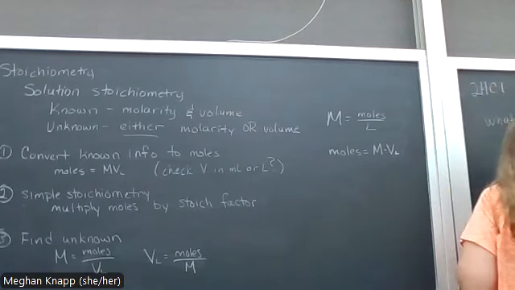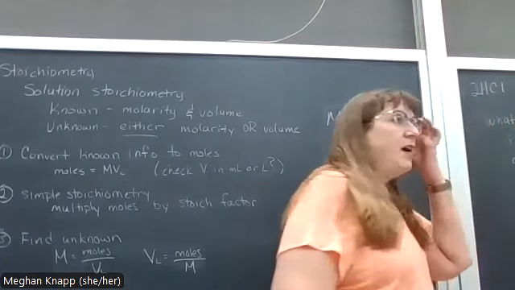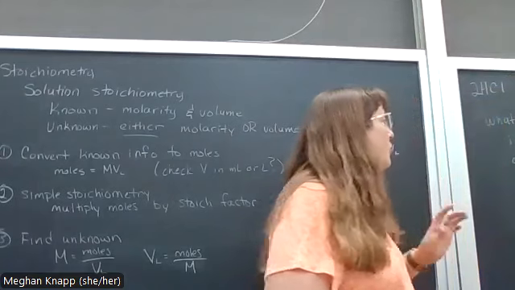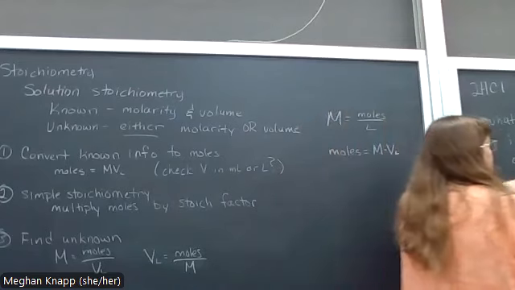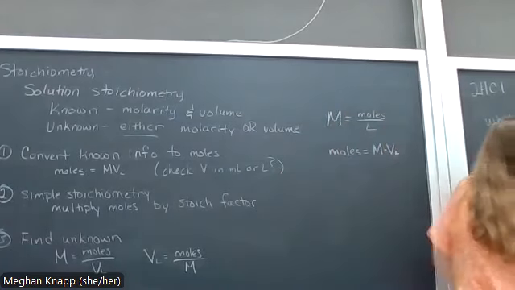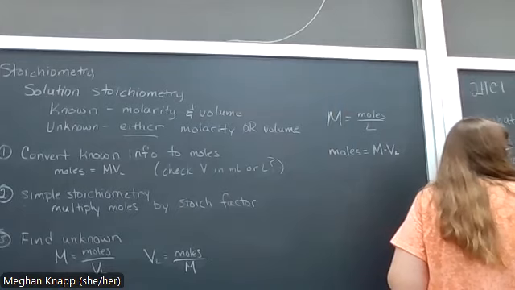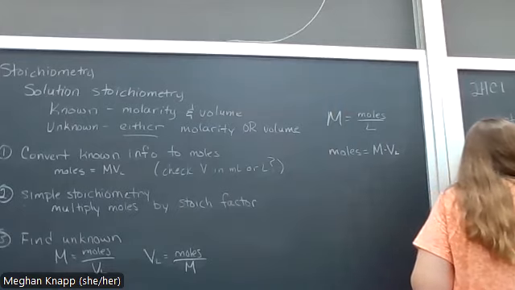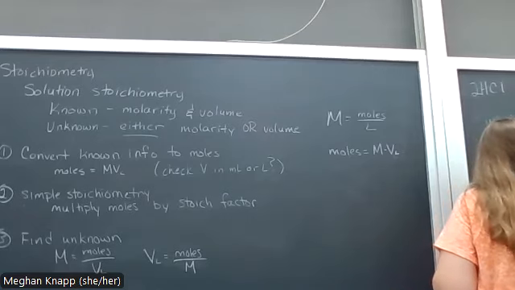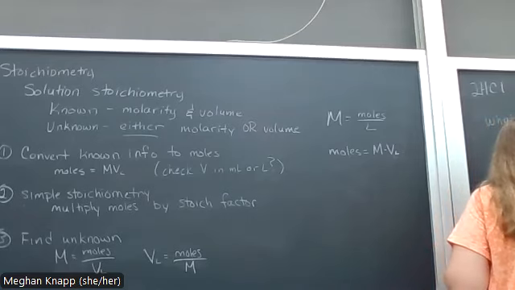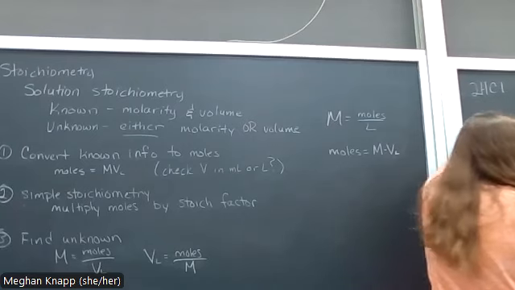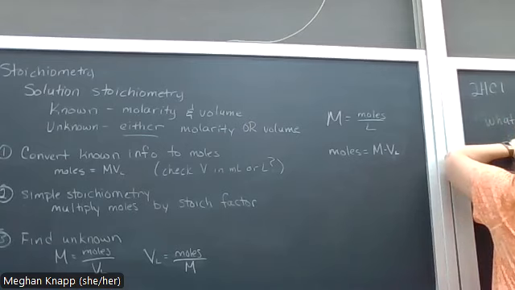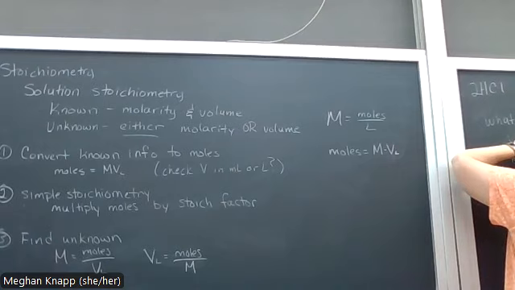Okay, step 1, we are going to find moles of the known. Now we have information about both, but the known is the one where we have 2 things. We have both of these for the known. So we are going to do 0.022 moles per liter, and we're going to multiply that by the volume. I'm just going to go ahead and convert that because we're short on time. But remember, we have to divide that by 1,000 to get to liters.